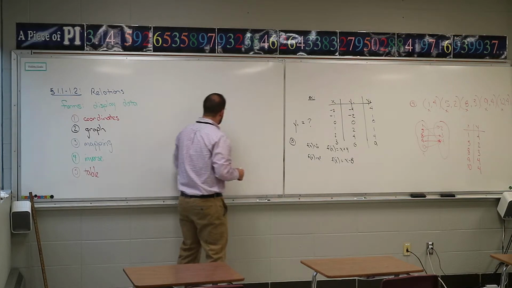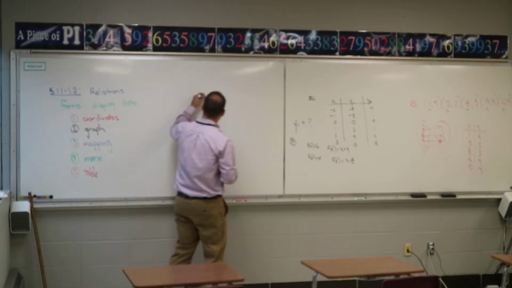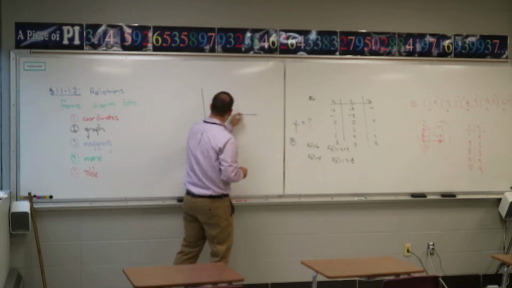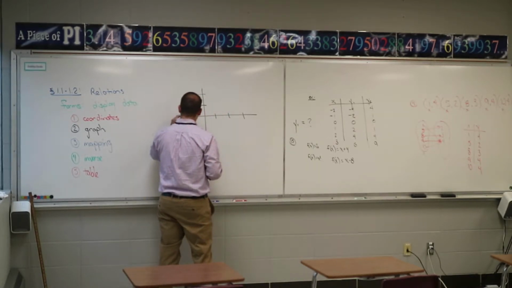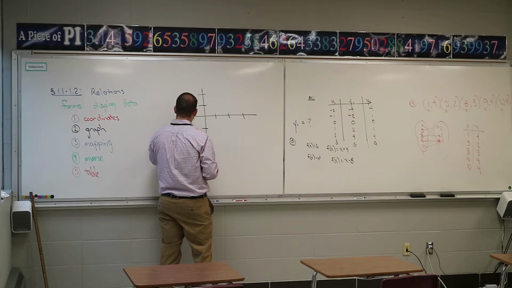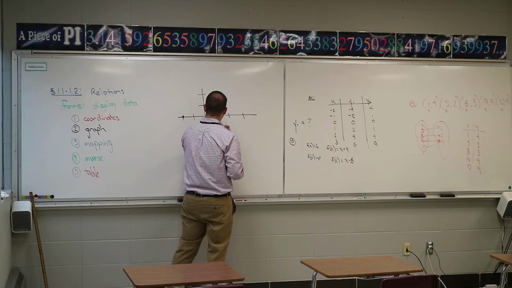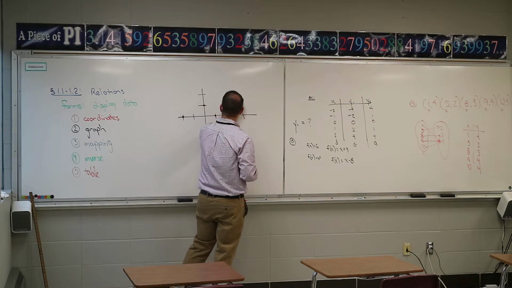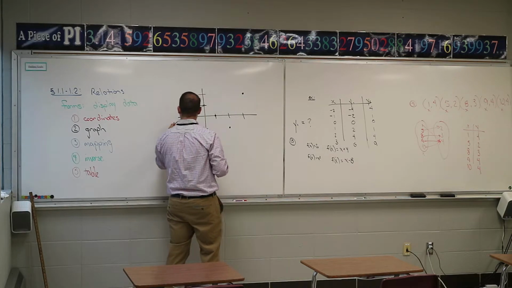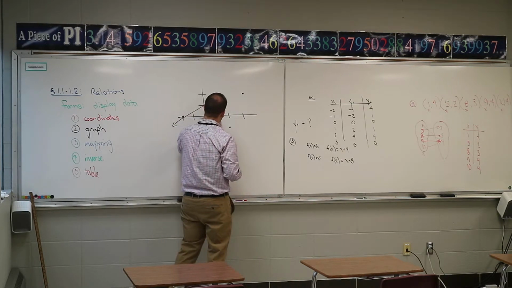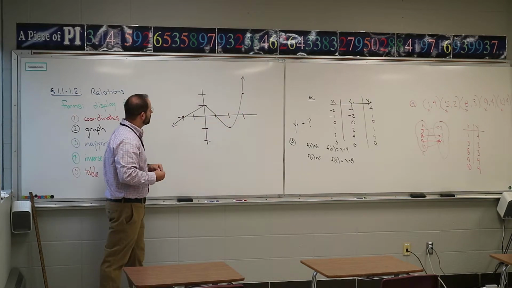The 4th homework problem. They're going to have you look at a graph and interpret things about it. So I'm just going to draw a rough graph here. Something like that.